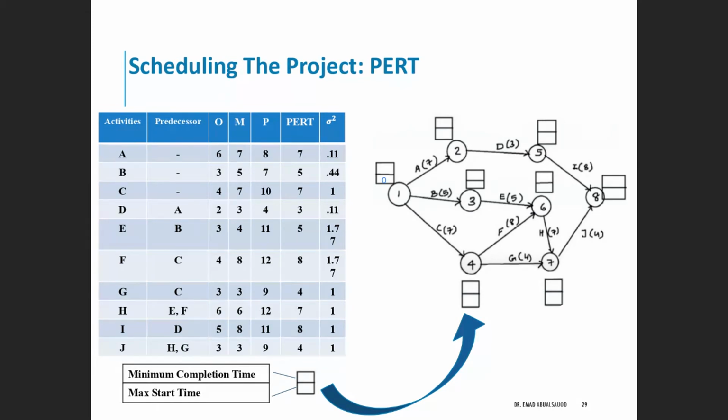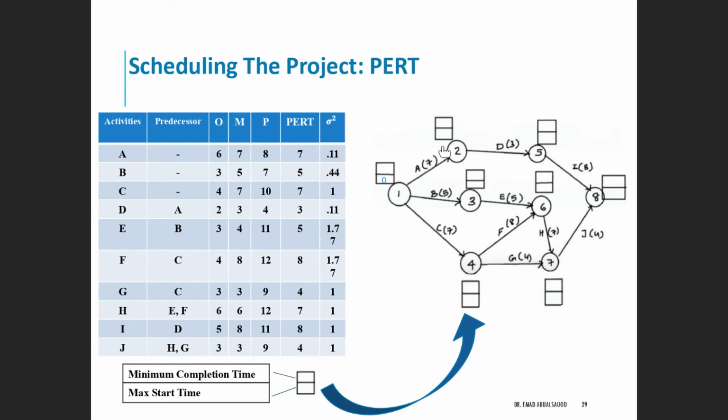So we always start with the 0 value. For the remaining, we now look at the values that we have calculated, and we start to use them in the max start time. Now, the values we calculated, we place them here. These are the PERT values given here, which we wrote in the previous step.